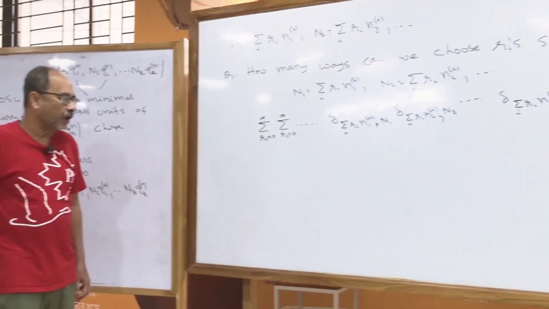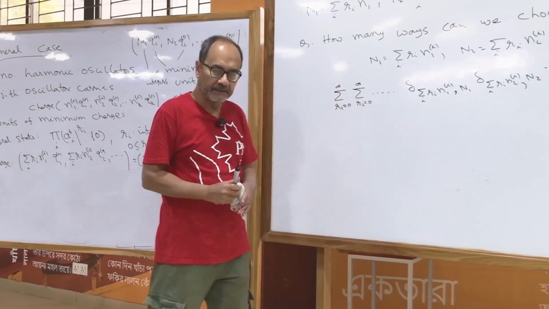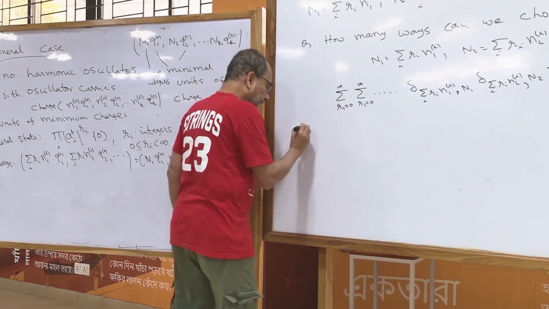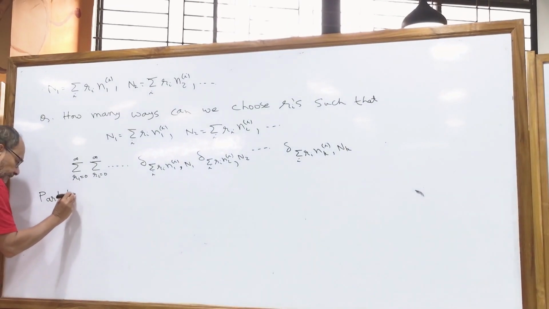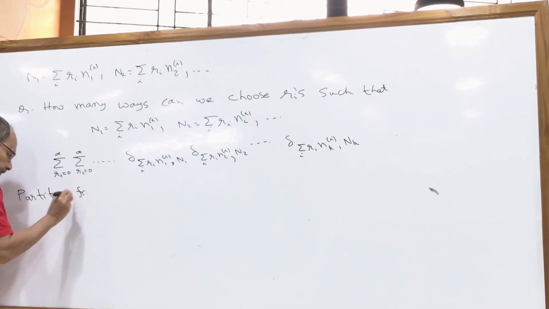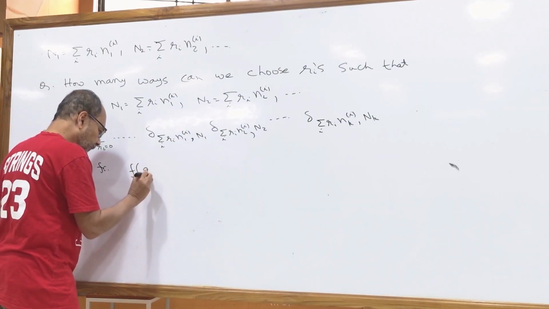But like last time, we saw that it is easier to deal with the partition function. So let me write the partition function, F of q1 to qk.